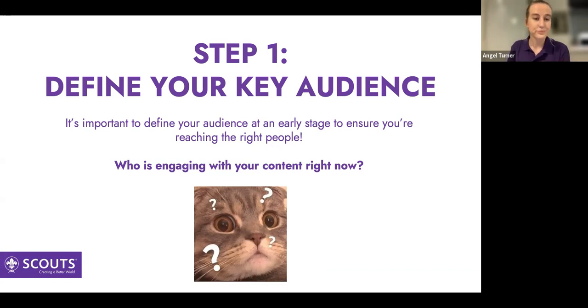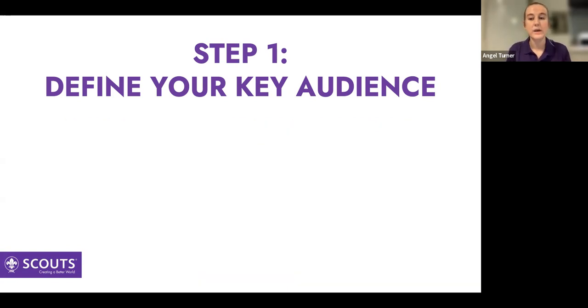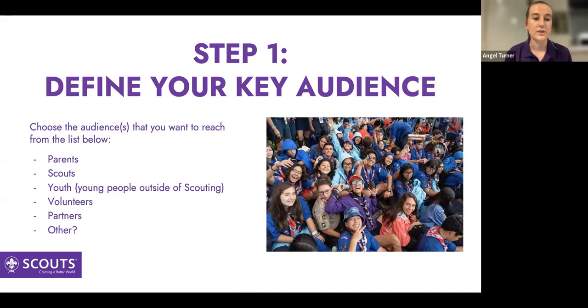If not, then maybe it's time to look at changing your content and the messaging behind it to engage a different audience. So for our first step, we are going to ask you, this is an example of some of the audiences that we reach. We're going to ask you to think about maybe 1 to 3, depending on the social media platform that you really want to reach. So here at World Scouting on our channels, we genuinely target scout leaders and NSOs on Facebook.